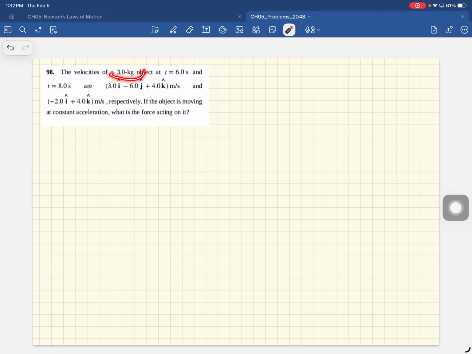Let's look at the y component. F1y is 0. So F2y should equal the mass, 5 kgs, times 2 meters per second square, equal to 10 newtons. Okay.